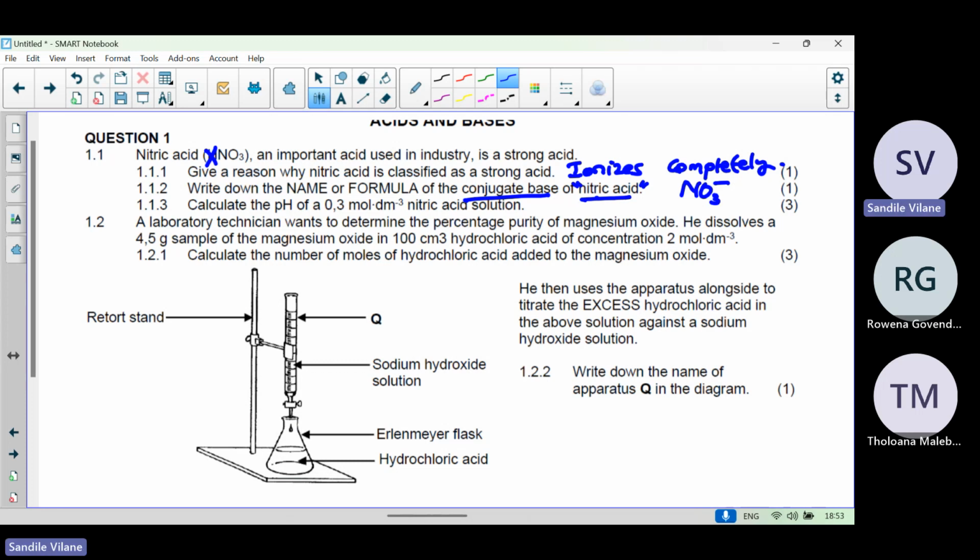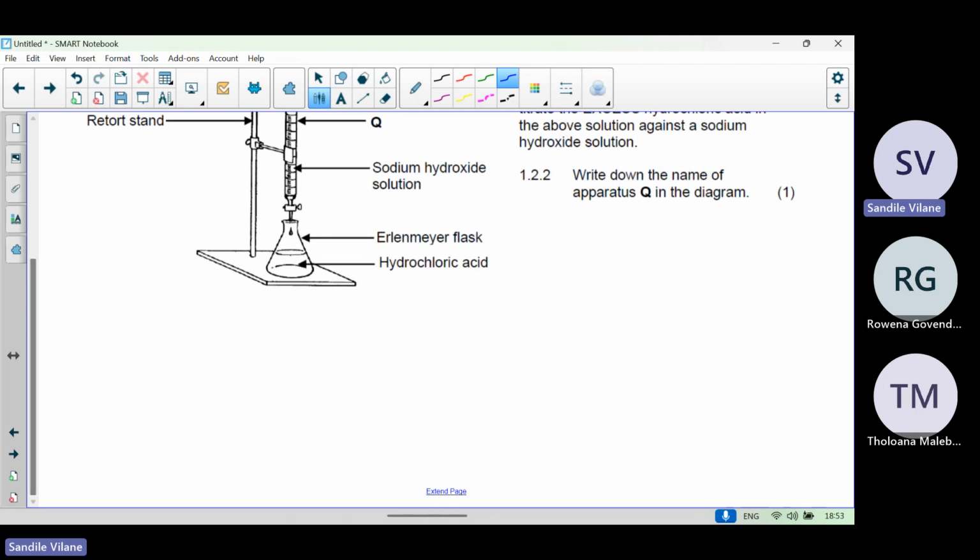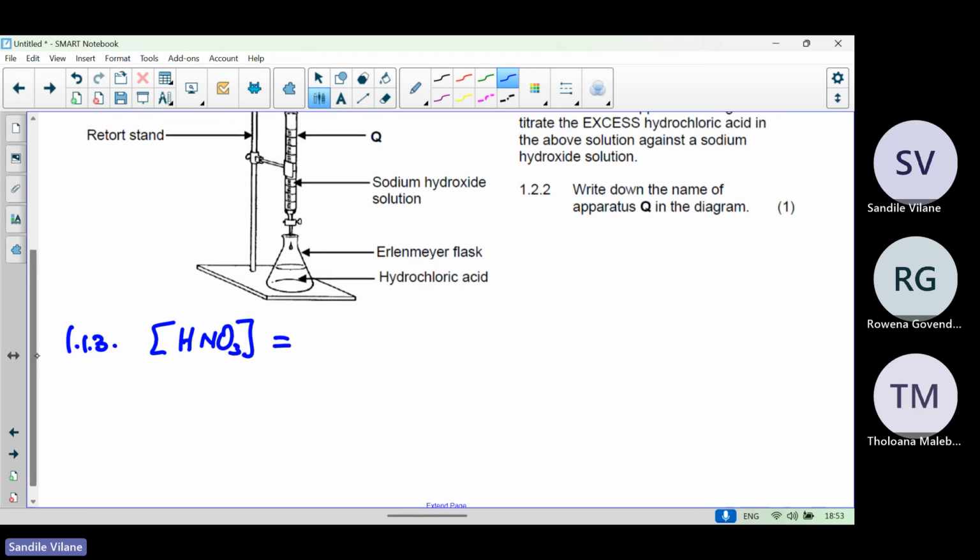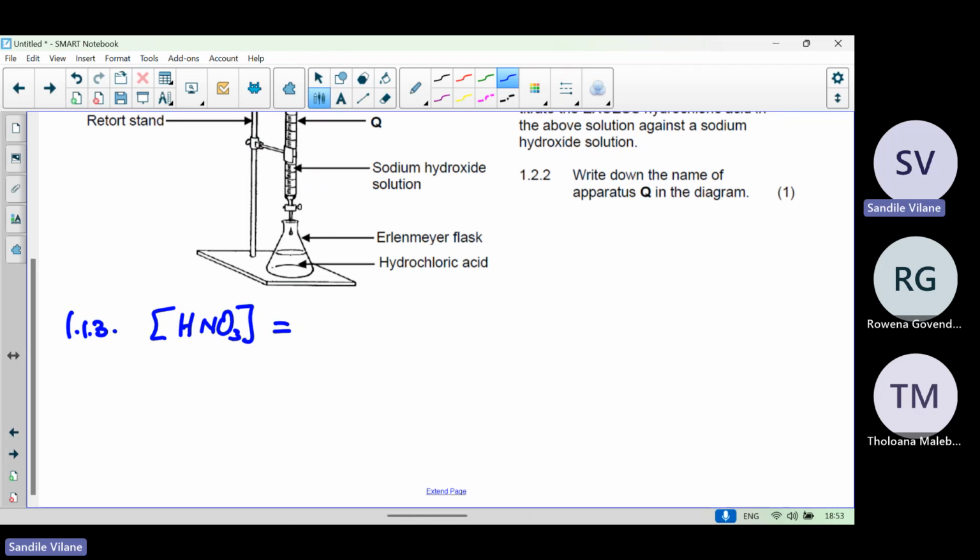Right. I hope you guys are still with me. Calculate the pH of 0.3 moles per cubic decimeter of nitric acid solution. So in question 1.1.3, I'm given the concentration of nitric acid. Now we have to be careful about these things, guys. This one is a monoprotic acid, which is also strong.